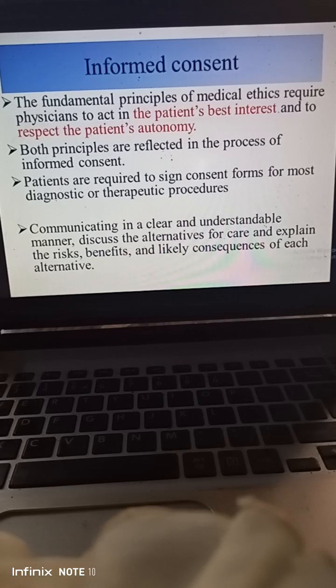Patients are required to sign consent forms for most diagnostic as well as therapeutic procedures. It is important to have adequate communication so that the patient can have clear and understandable ideas. Your approach should be understandable and you have to discuss the alternatives for care, and you have to explain the risks, the benefits, and likely consequences of each alternative to your patient.